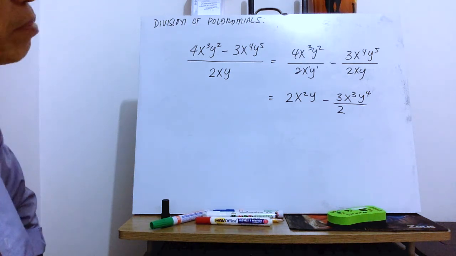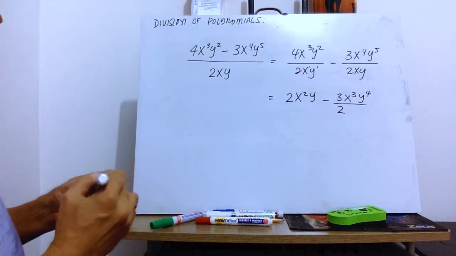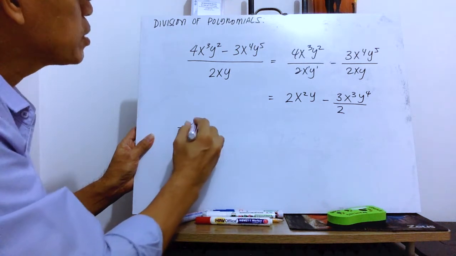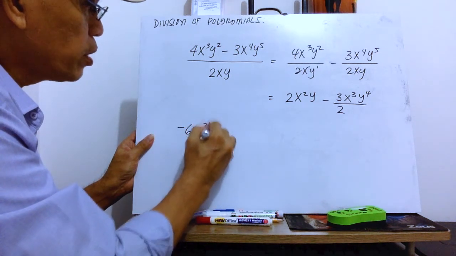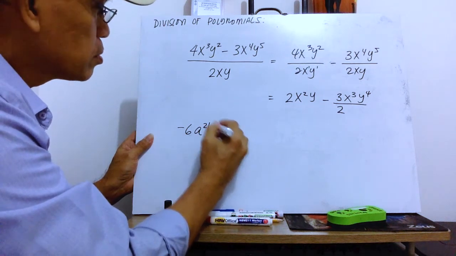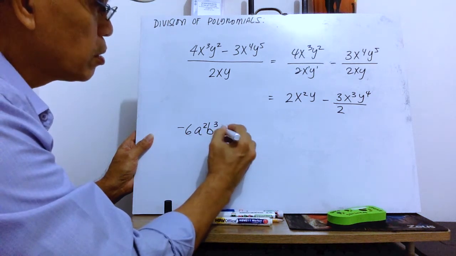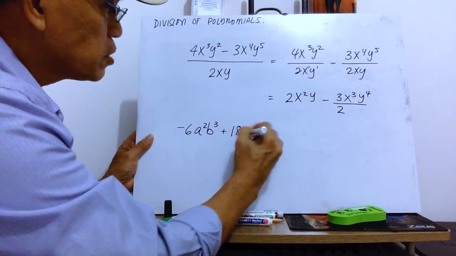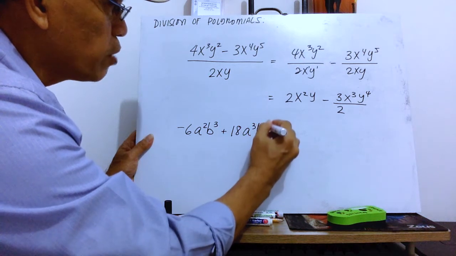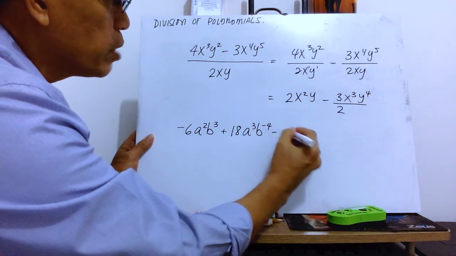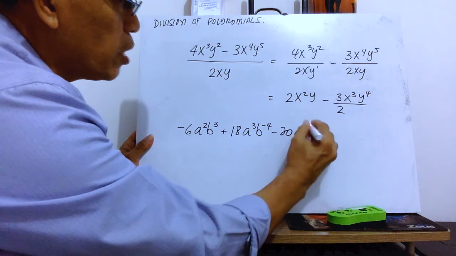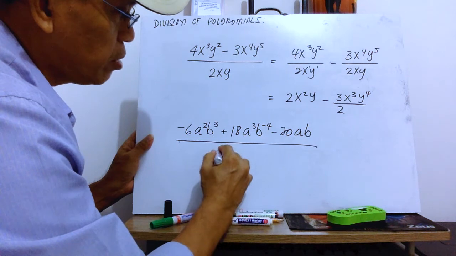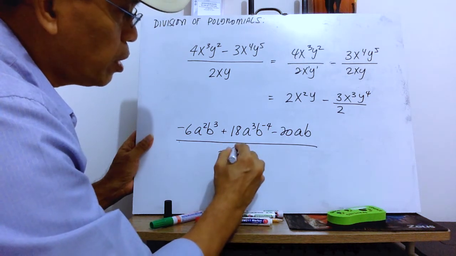Yeah, really simple. Right? What if it's trinomial? Let's say negative 6a squared b cubed, minus or plus, let's say 18 a cubed b to the negative 4, minus 20 ab, divided by, let's say, 2a squared b.